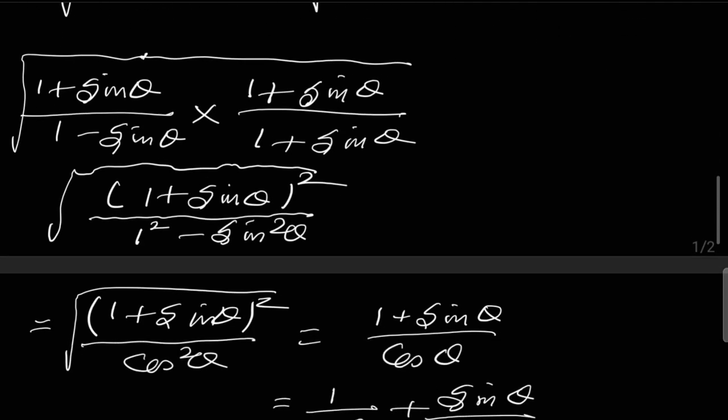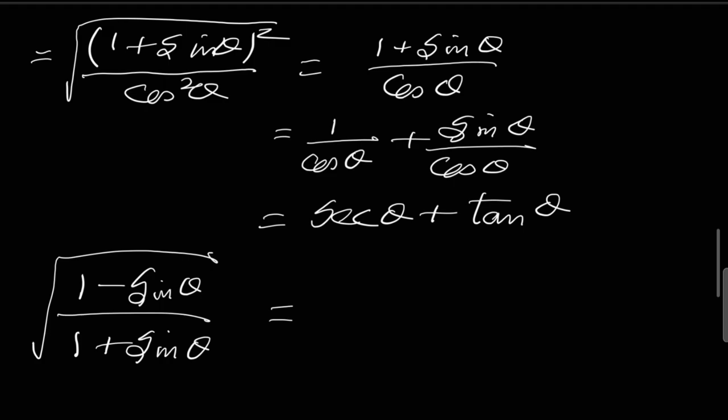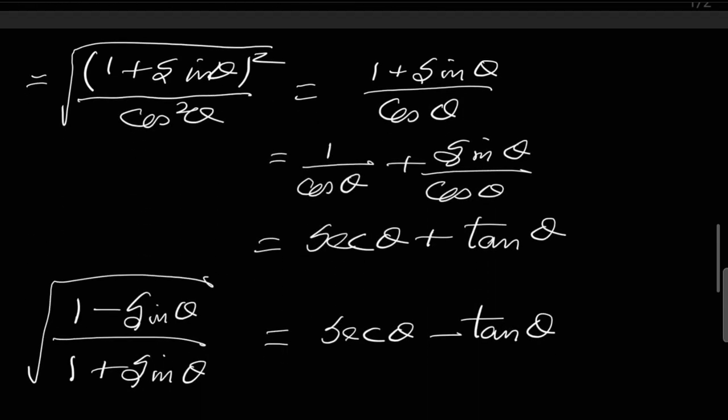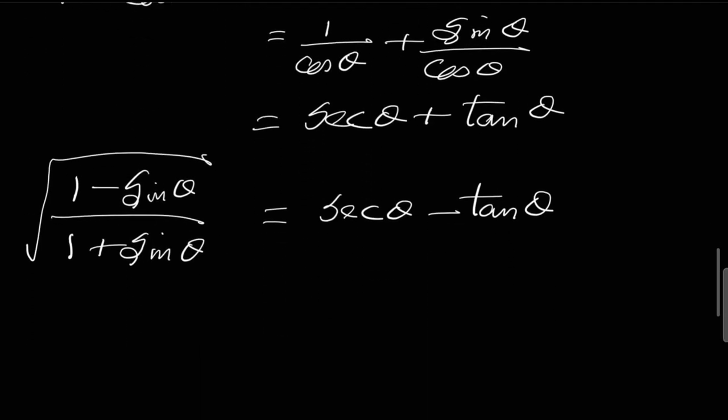The first term answer I am getting is secant theta plus tan theta. So I can just give the answer for this as secant theta minus tan theta. The conjugate of plus means here minus. Because left side terms both are conjugate of each other, right side answers also are conjugate of each other.